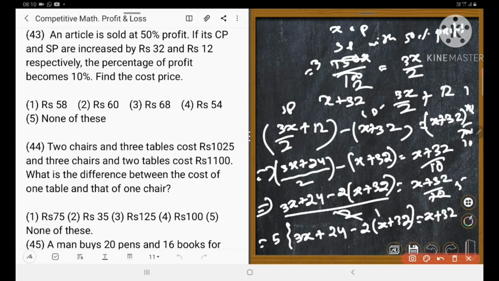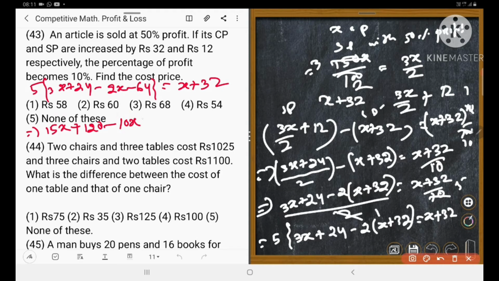So 5 into 3x plus 24, minus 2x minus 64, is equal to x plus 32. Implies that 15x plus 120 minus 10x minus 320 is equal to x plus 32.